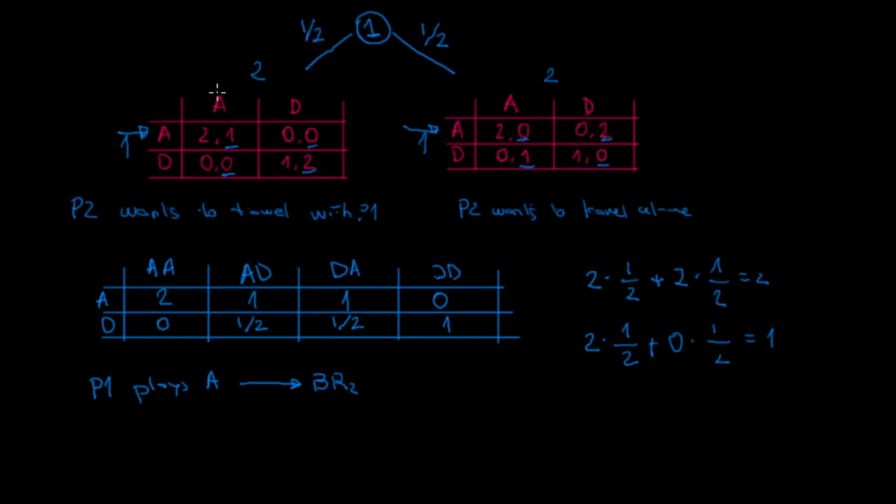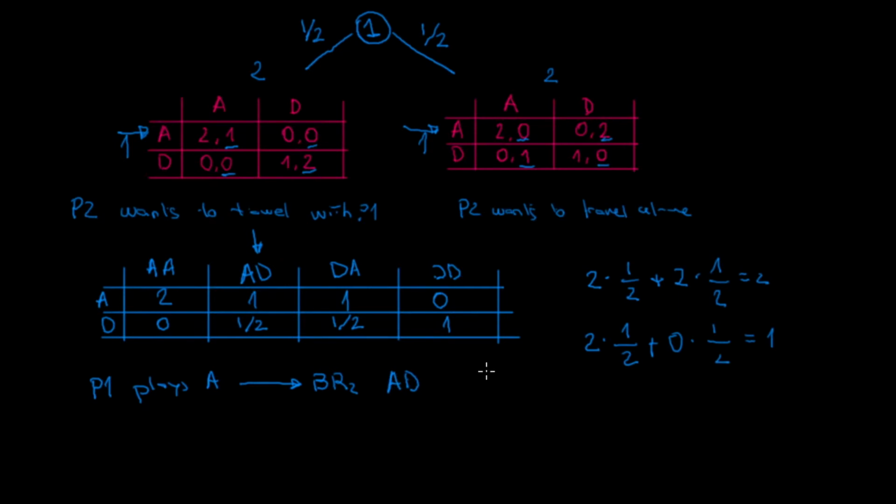In the second type, 2 is greater than 0, so Denmark is the best response in the second type. So player 2 will play AD. Now, if player 2 plays AD, what is player 1 going to do? 1 is greater than 1/2, so he will play Australia.